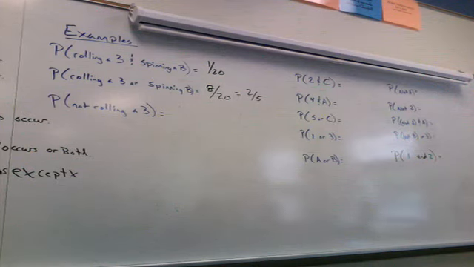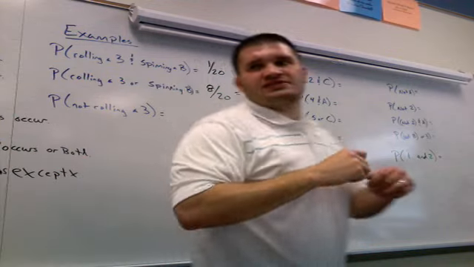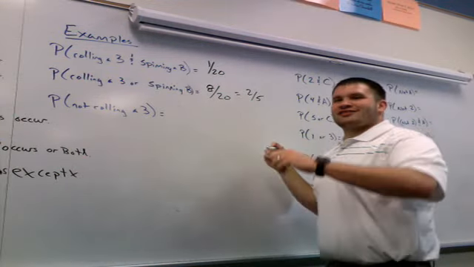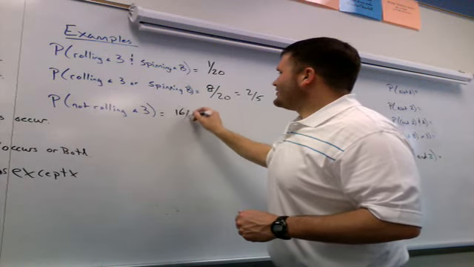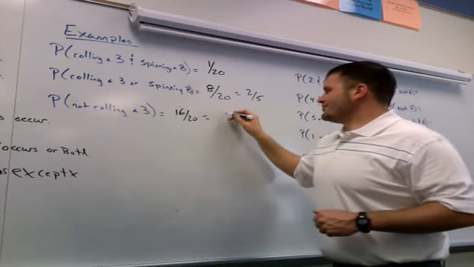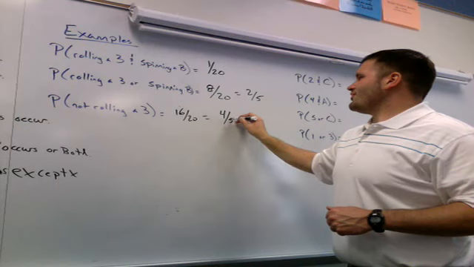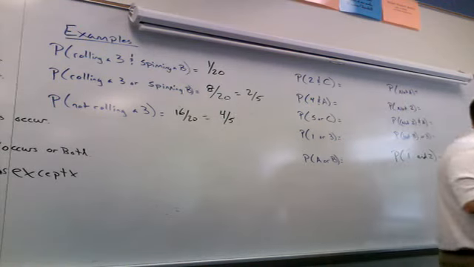So 1, 2, 3, 4, 5, 6, 7, 8, 9, 10, 11, 12, 13, 14, 15, 16. So the probability is 4/5. Nice reduce right there. 16 out of 20, which reduces to 4/5, or 80%.